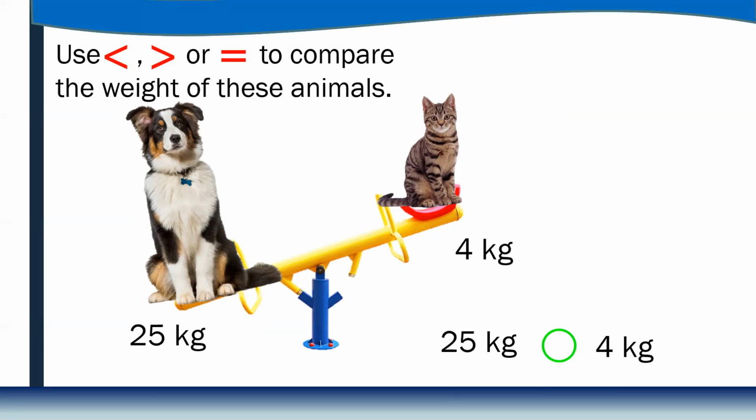The dog weighs 25 kilograms and the cat weighs 4 kilograms. 25 kilograms is greater than 4 kilograms. Now, boys and girls, now that we have compared how much the dog weighs to how much the cat weighs, can you tell me why the side of the seesaw where the cat is sitting is up, while the side where the dog is sitting is down?